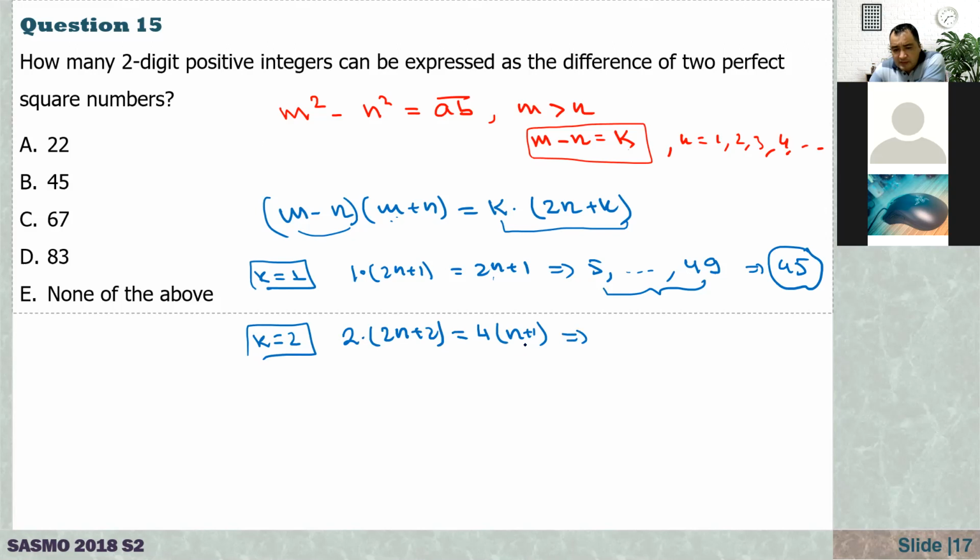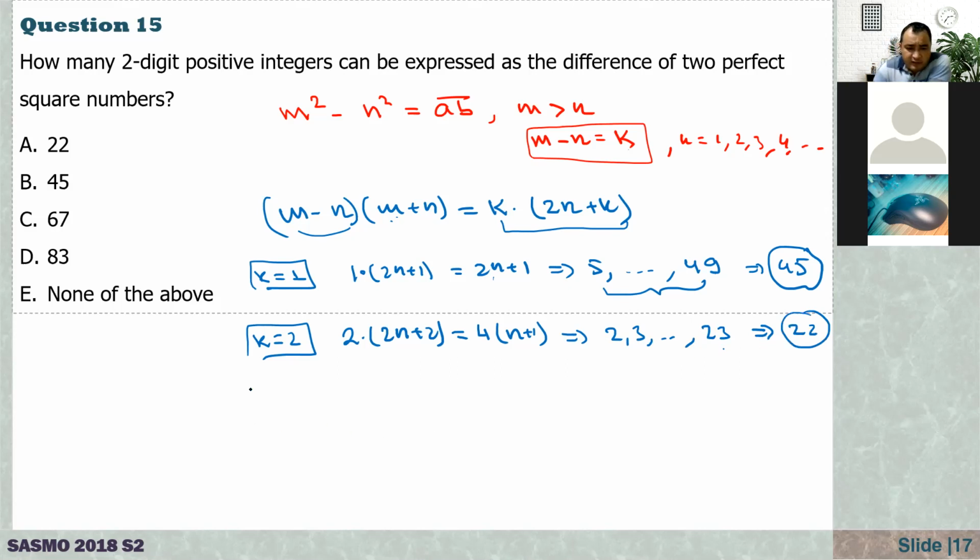The smallest n is 1, giving 8. If n is 2, it's 12, and n continues 2, 3, and so on. If n is 25, it is 100, so the biggest value of n here is 23. How many numbers do we have? 23 minus 2 is 21, plus 2, so here we have 22.